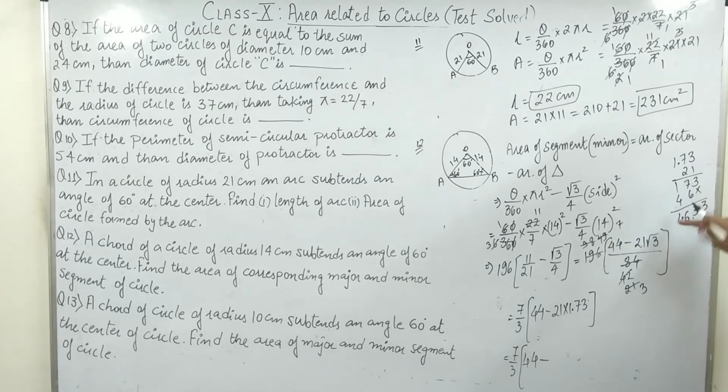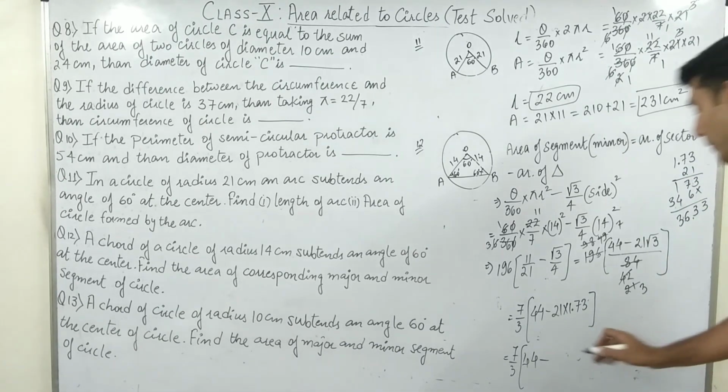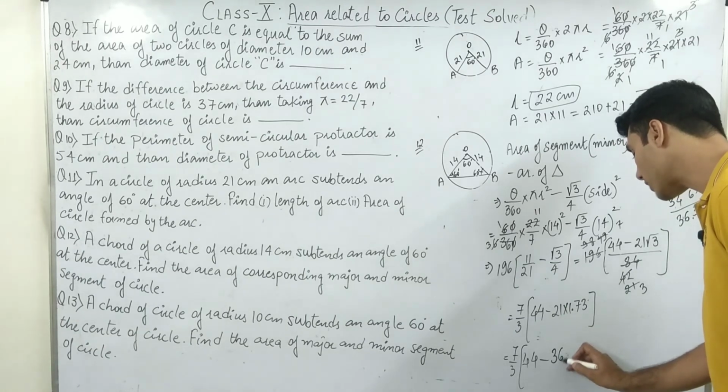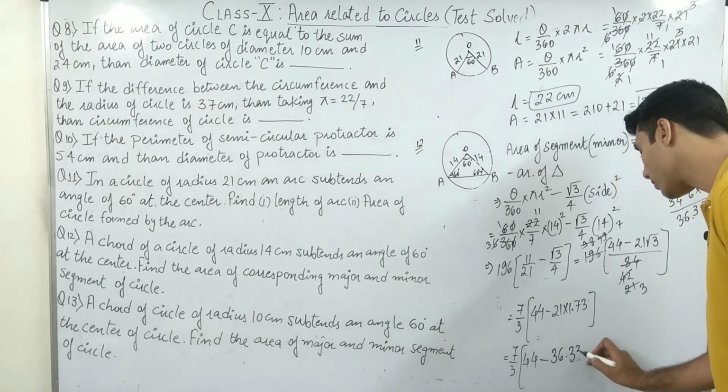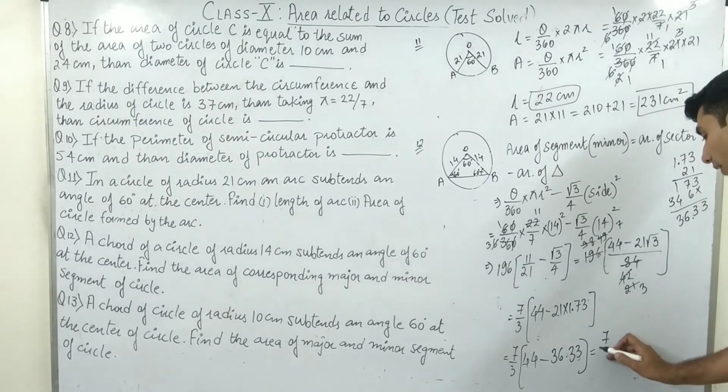Okay, sorry, I made a mistake. 21 2s is 42. So 3, 3, 4, and 1, 5, and 1, 6, and then 3 will come here. So it's 36.33. So 44 minus 36.33.